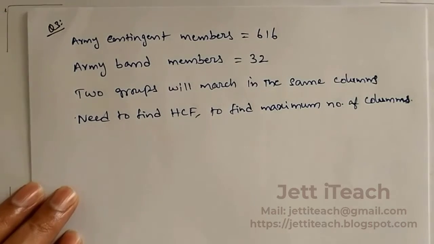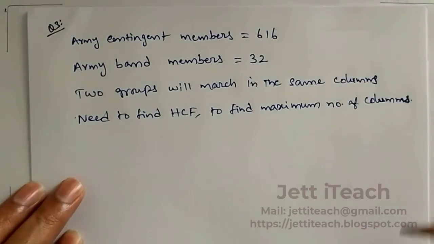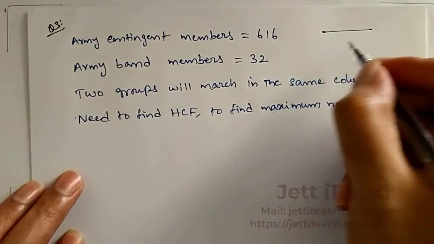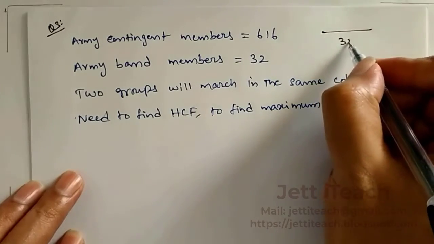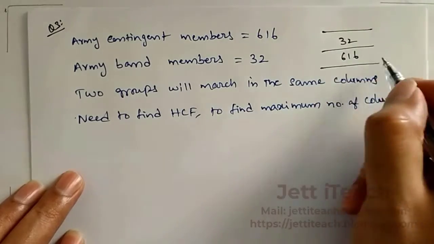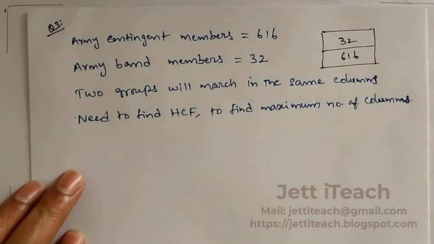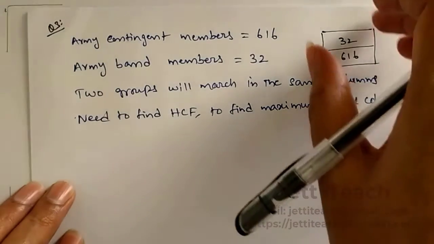Okay, so we have a 32 team members band, and 616. There are two army teams here, so we need to arrange them.